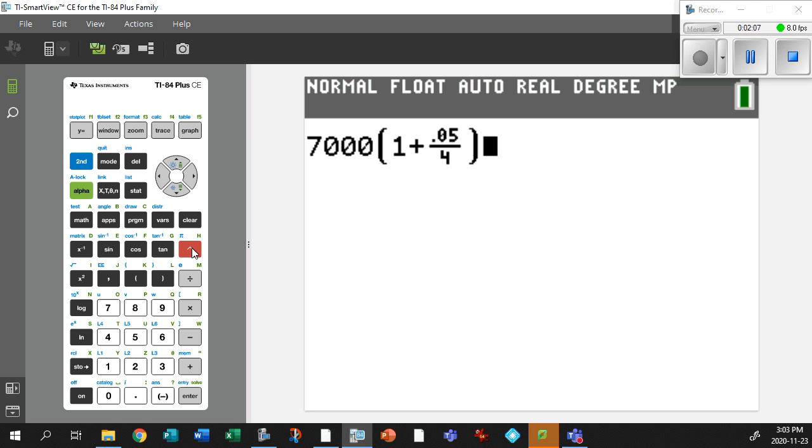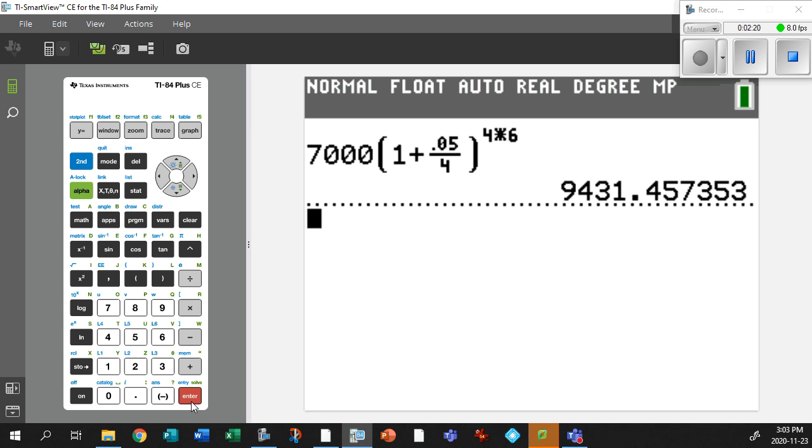You can put it to the exponent of 4 times 6. Quarterly means 4 for 6 years. Easy peasy. Punch it. You actually make $9,431.46. Not a bad little investment, hey?